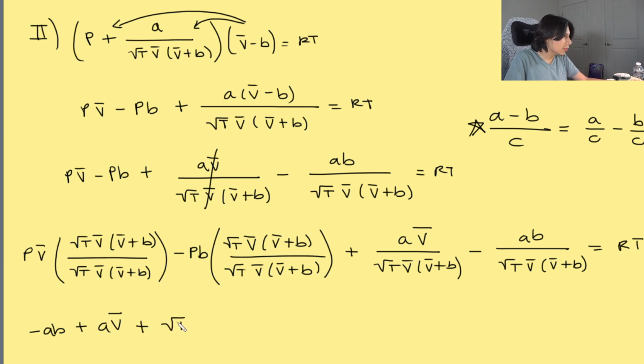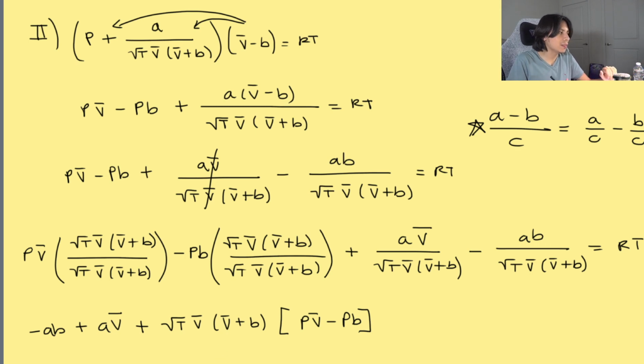We're going to have square root of t v bar times v bar plus b, and all of that is going to be multiplied times pv bar minus pb. In that way, it's like undoing that distribution that we did, so that it's more concise and compact instead of rewriting everything.